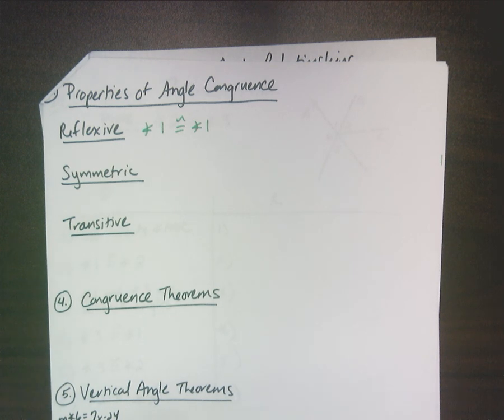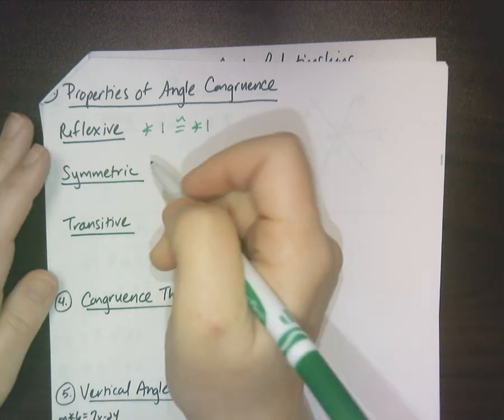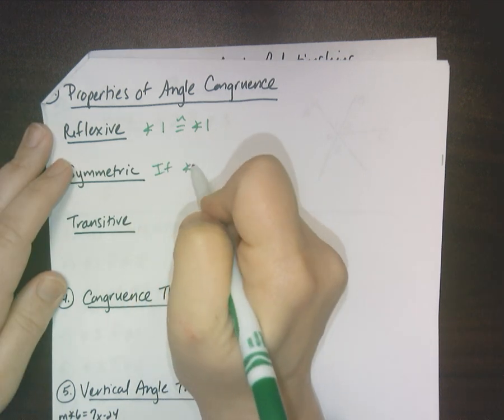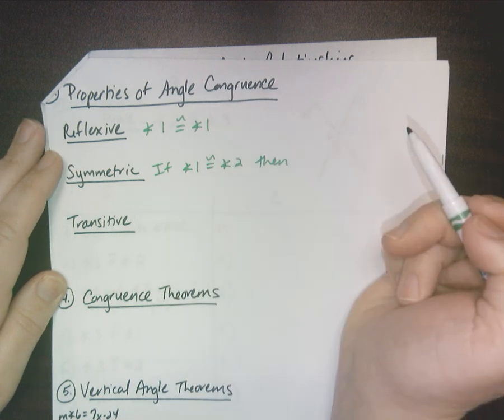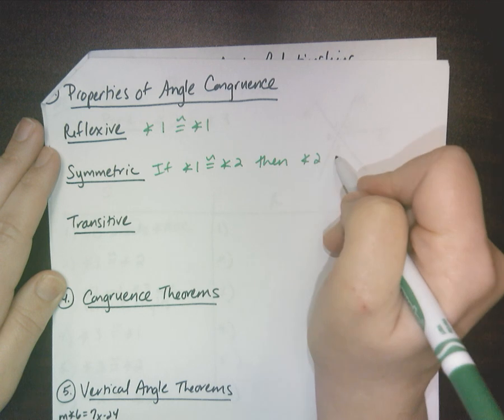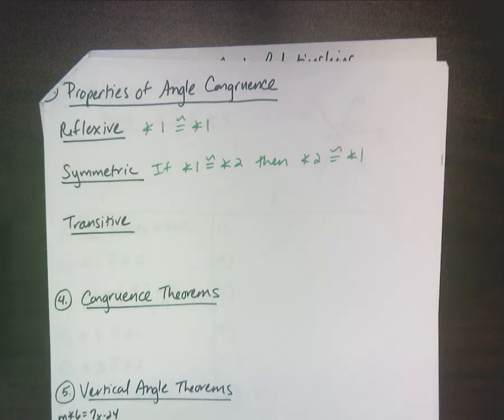So reflexive. Symmetric. Do you remember symmetric from yesterday with segments? If AB equals CD, then CD equals AB. It's the same with angles. If angle 1 is congruent to angle 2, then angle 2 must be congruent to angle 1.